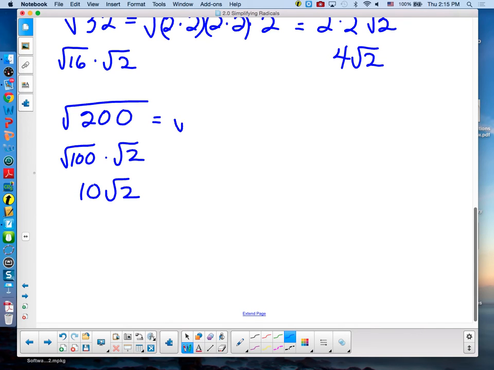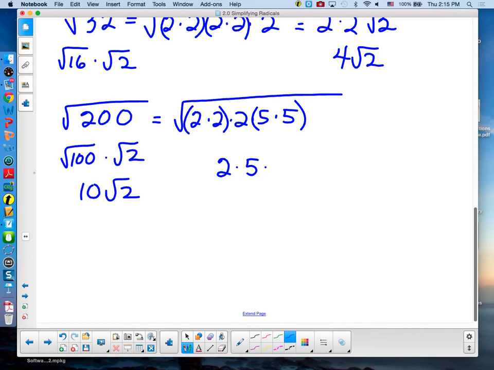If you did the complete tree factoring, you had 2 times 2 times 2 times 5 times 5. So you had a pair of 2's that comes out. You had a pair of 5's that comes out. And you have a 2 that didn't pair up. So 2 times 5, 10 times the square root of 2. 2 different methods. Some of you were talking about one as opposed to the other.